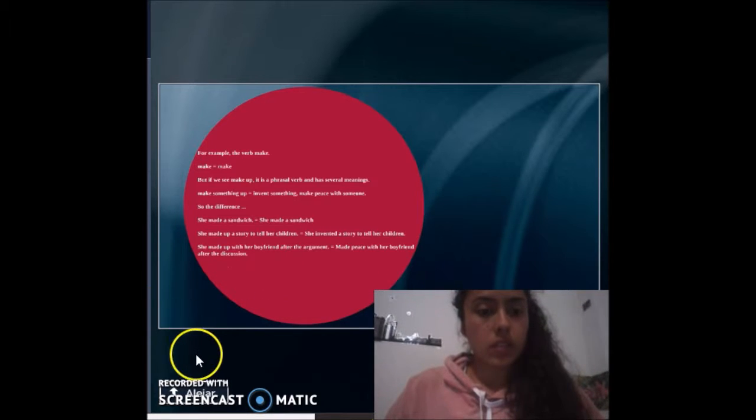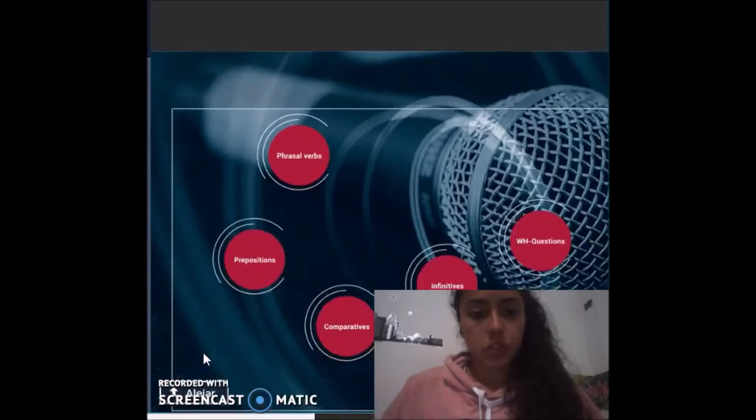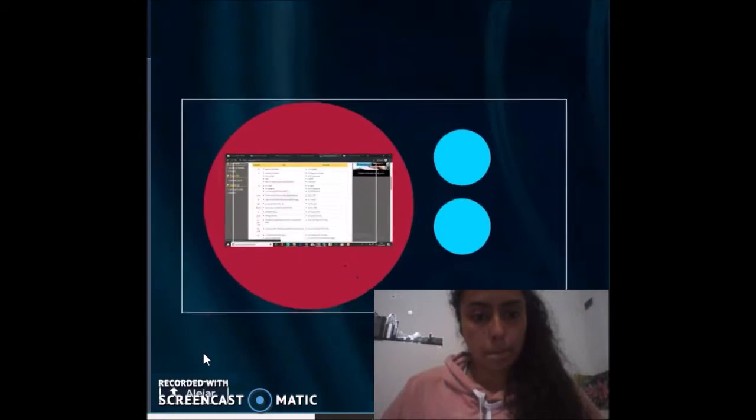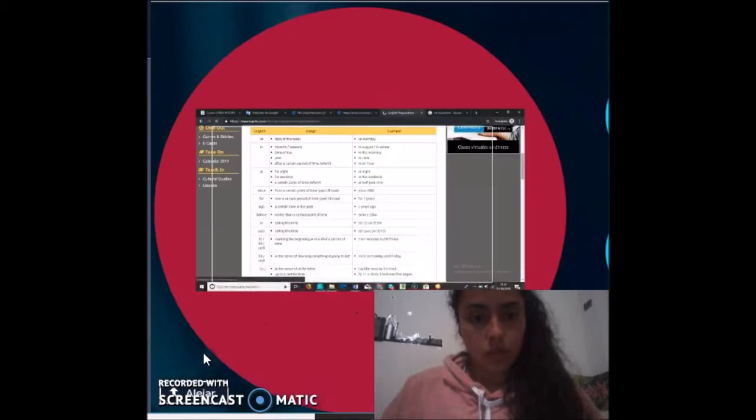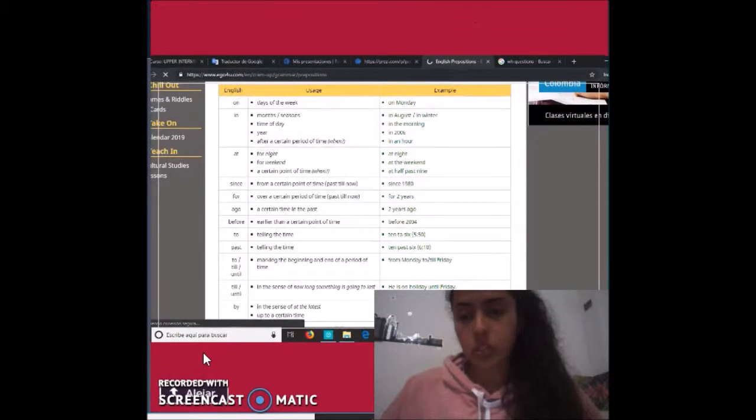The next topic is prepositions. Prepositions are short words: on, in, to, and others that usually stand in front of nouns, sometimes also in front of verbs.